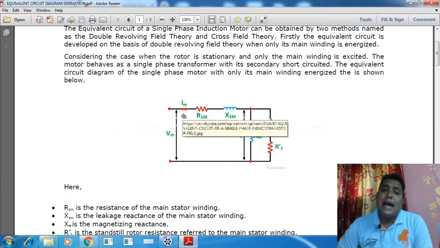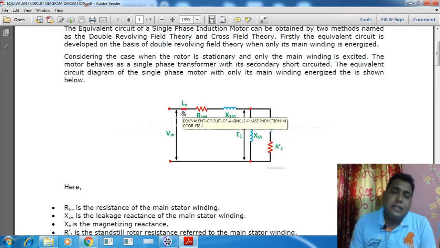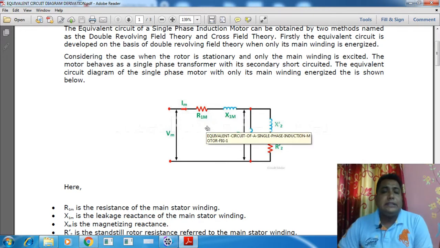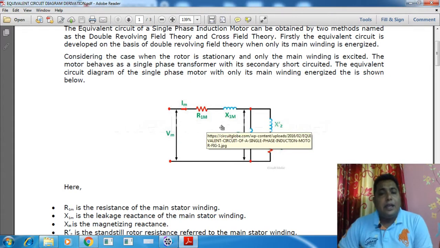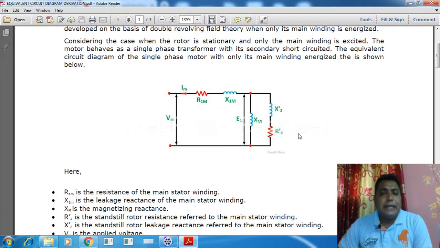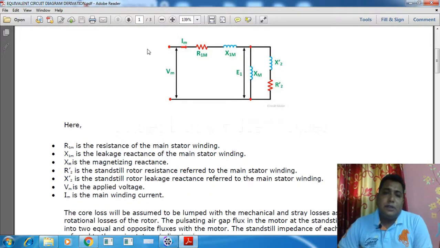When this Im current flows in the stator main winding, we can consider the main winding resistance R1m, the main winding reactance X1m, and Xm, the magnetizing reactance, X2 bar and R2 bar, and E1 is the generated EMF. Let us see what those mean.